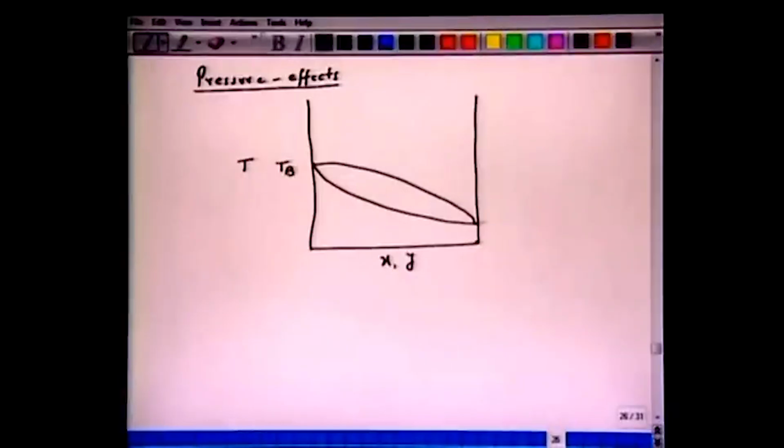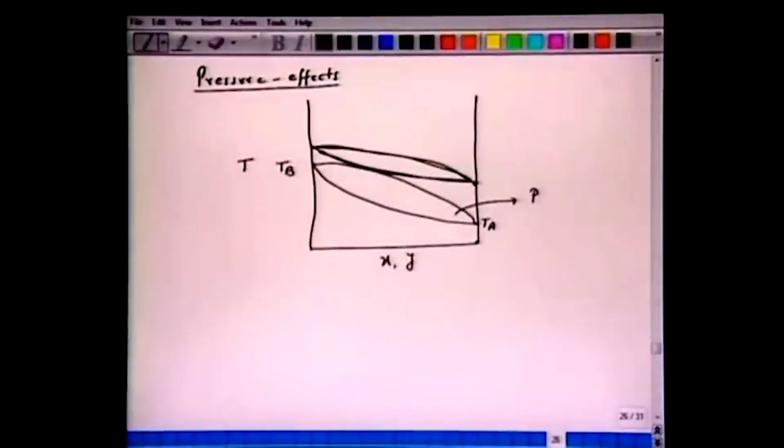So we have TB, TA, and these correspond to some pressure P here. Now if we increase the pressure, then you will expect the new TXY diagram to be slightly more compact. In other words, the separation between the two phases has gone smaller.